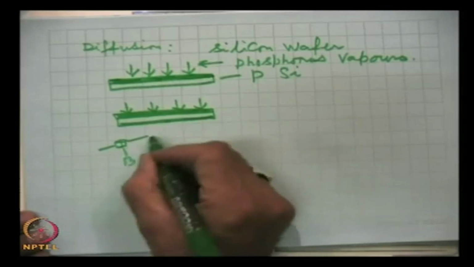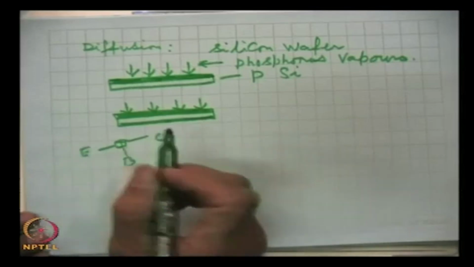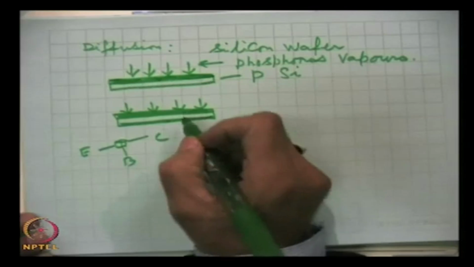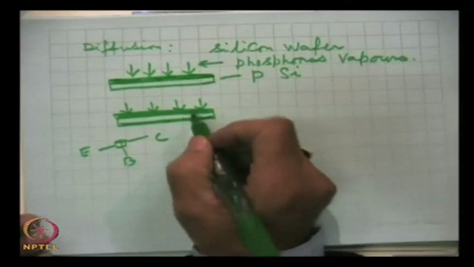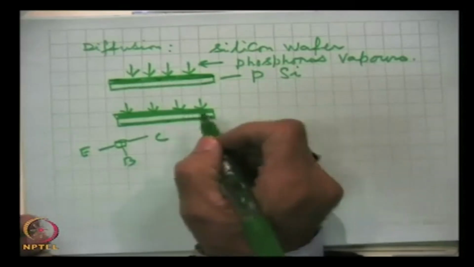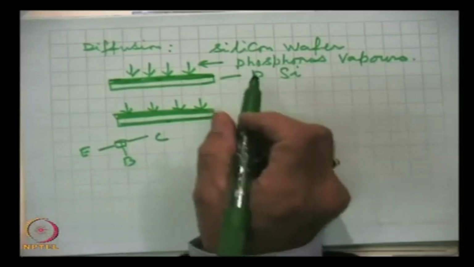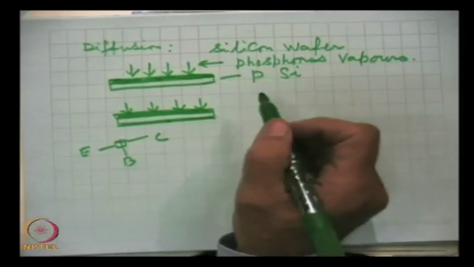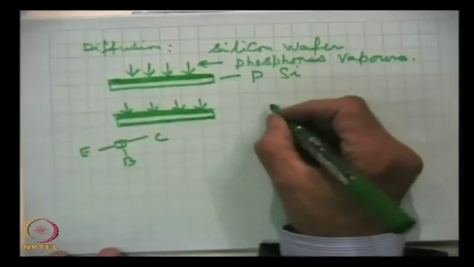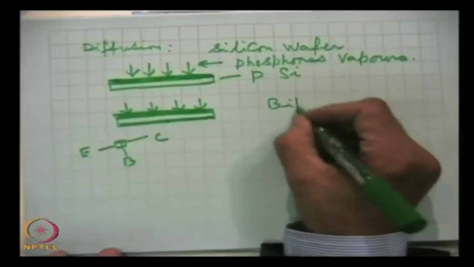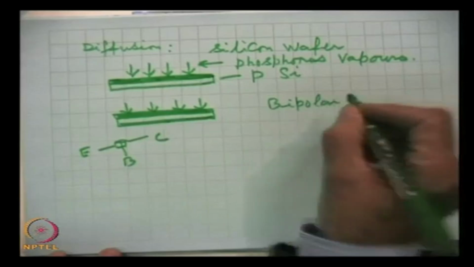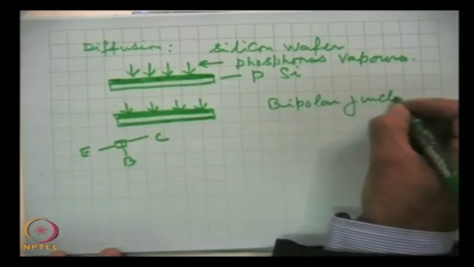This will be the base, collector and emitter. This is much more popular nowadays to make devices. So, this is the fabrication of a transistor. Let me make a few more points clear, that this transistor is a bipolar junction transistor.